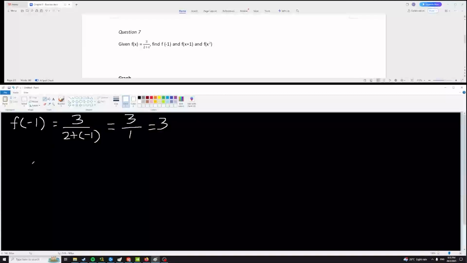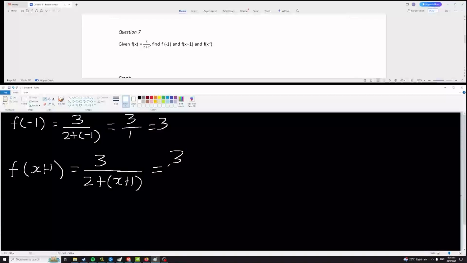Then f is x plus 1, 3. So basically 2 plus 1 is 3, so x plus 3.